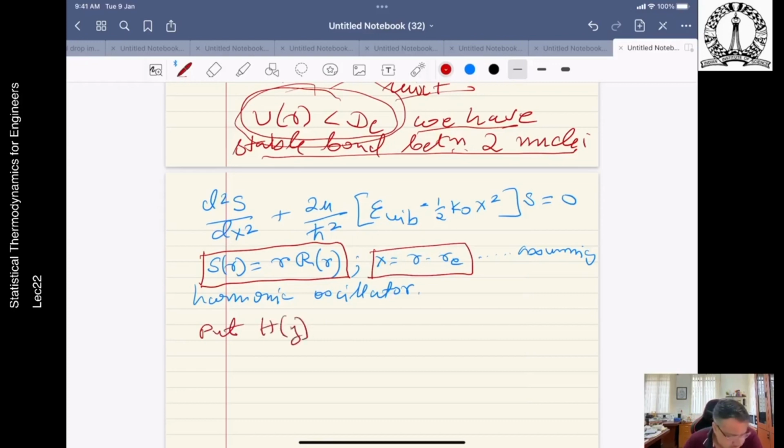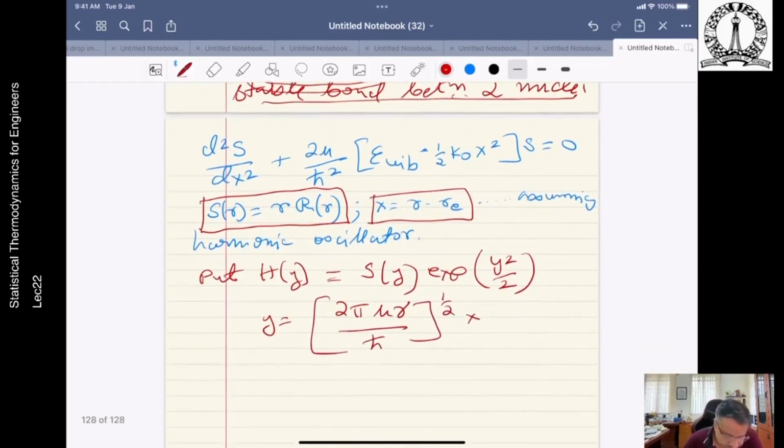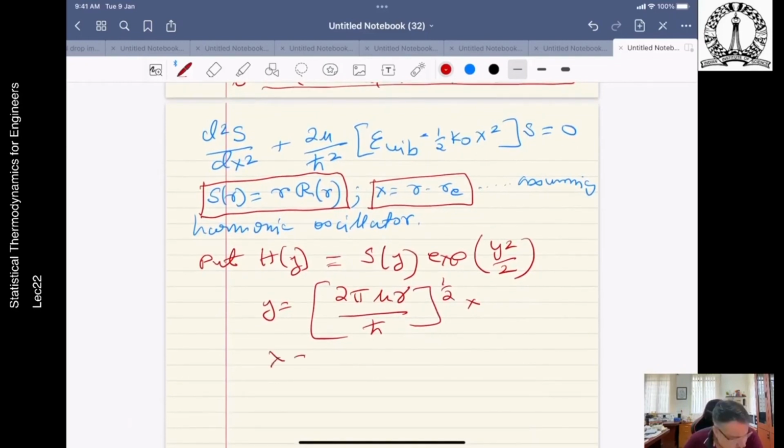So now put psi equal to H(y) into exponential minus y square by 2, for y equal to (2 pi mu nu divided by h bar) to the power half, into x, and lambda equal to 2 E vibrational divided by h nu.